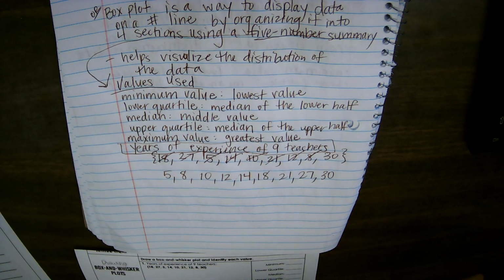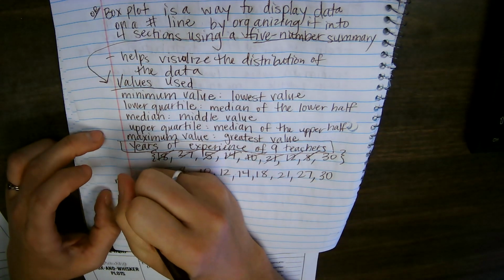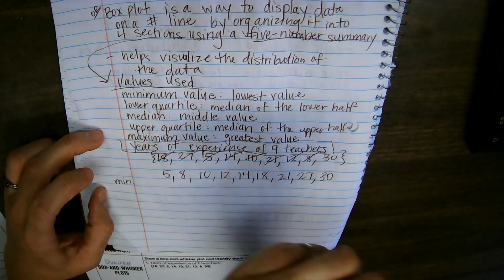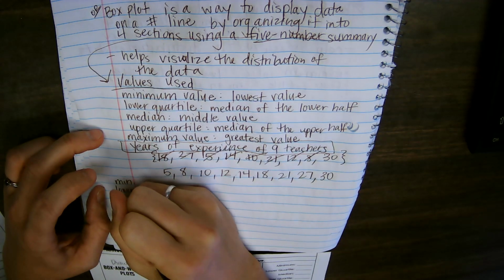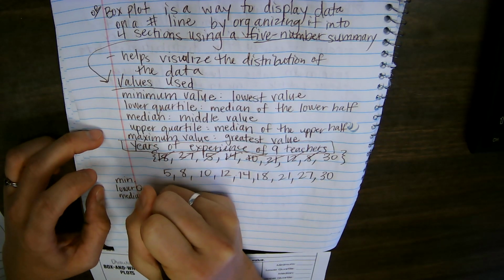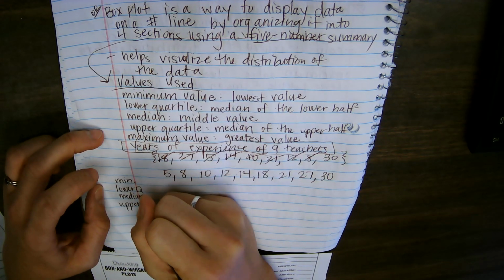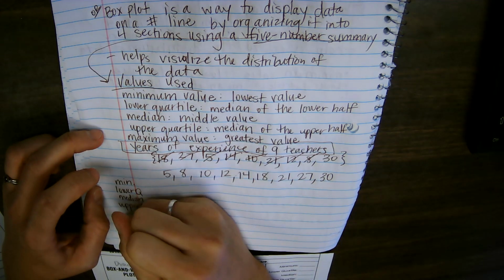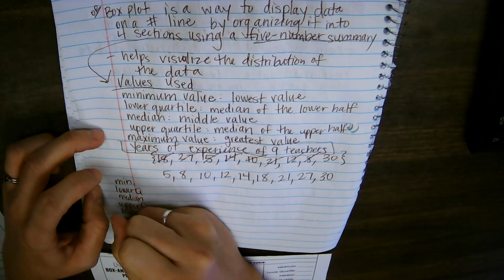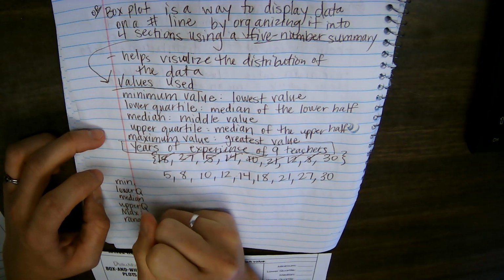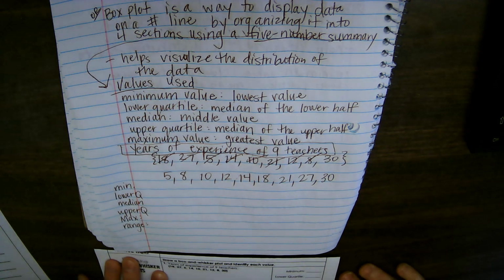Okay, so to find all of these values, we're going to find the min, the lower quartile, the median, the upper, the max, the range, and then there's one more that we'll find in just a minute, but I want to talk to you about that first.